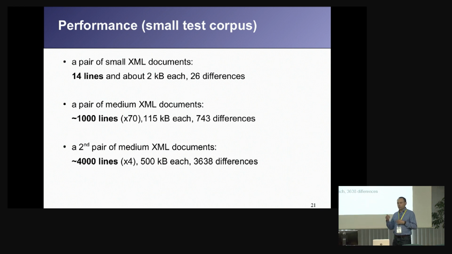It is a running example of this presentation. And we are also taking 2 pairs of medium XML documents, 1,000 and 4,000 lines each, respectively. And when you see the number of differences, it's roughly 1 difference per line of the XML files, which is already a high number.